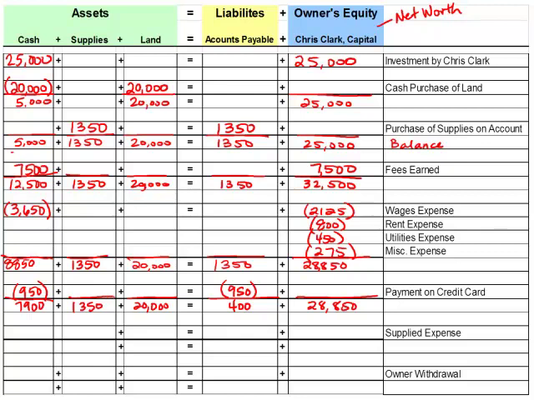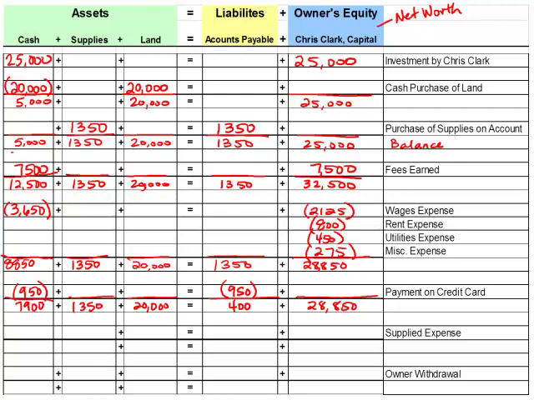So if he were to walk from the business today, after he paid that credit card payment, he said, look, I can't do this anymore, I want to go out of business. He's going to walk away with $28,850. What he's going to do, he's going to sell the land, take that $20,000, put it in the bank, sell the supplies, take them back or whatever, $1,350, put the $7,900 in the bank, and then he's going to subtract out $400 to pay that debt.